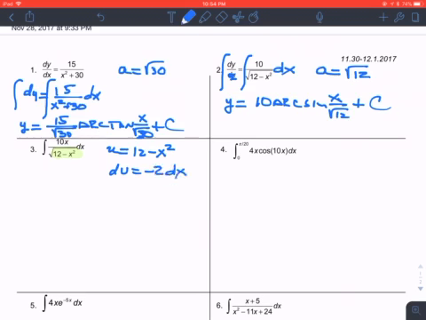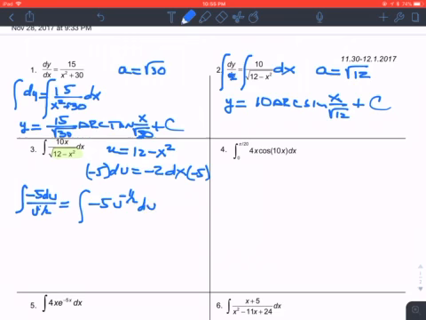Okay, do I have that? Well, I actually have negative 5 times it. Alright, so if I set this up, I have negative 5 du on the top, and on the bottom is u to the 1/2. But I'm not going to leave it that way because I'm going to rewrite it as negative 5 u to the negative 1/2 du.